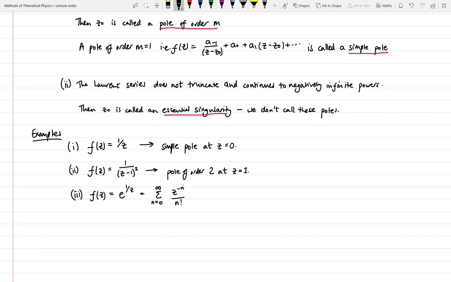Clearly this Laurent series does not truncate. It continues to negatively infinite powers of z. Therefore, this function has an essential singularity at z equals 0.